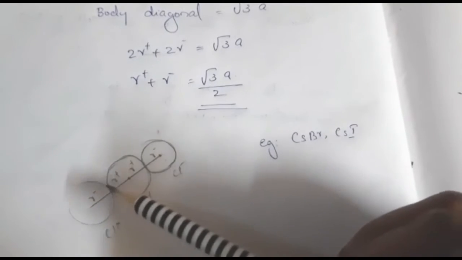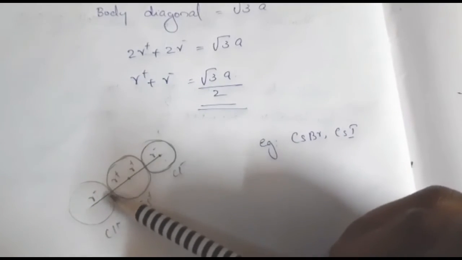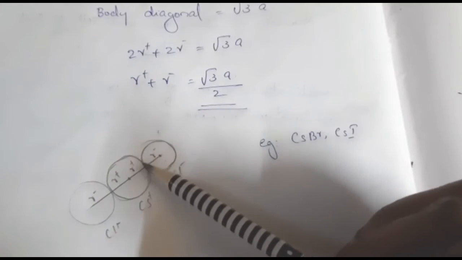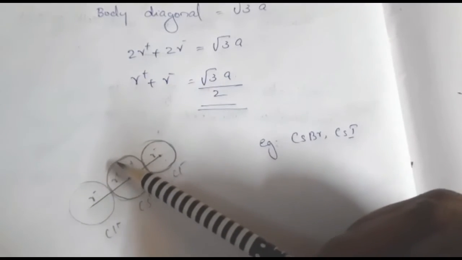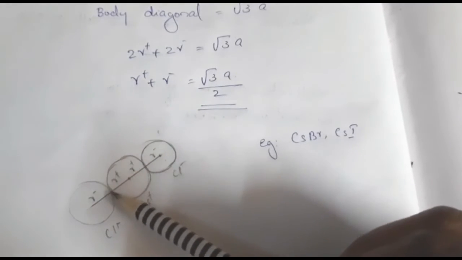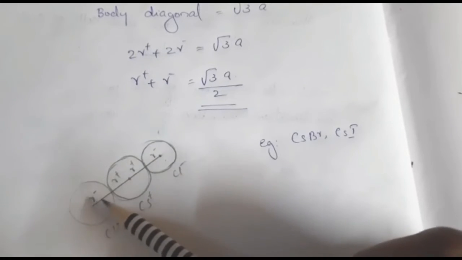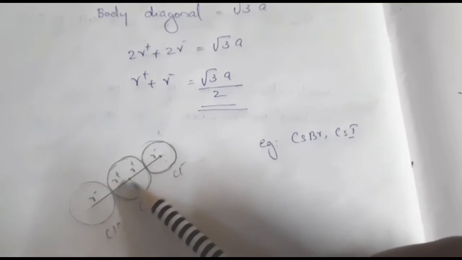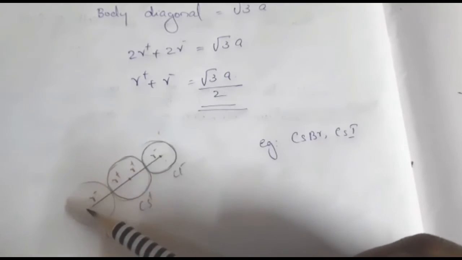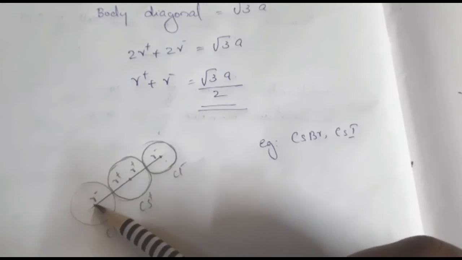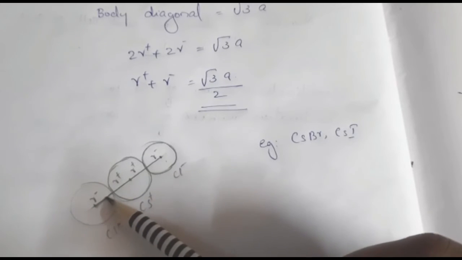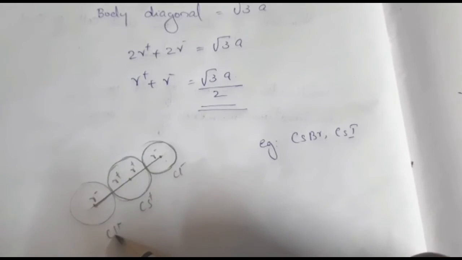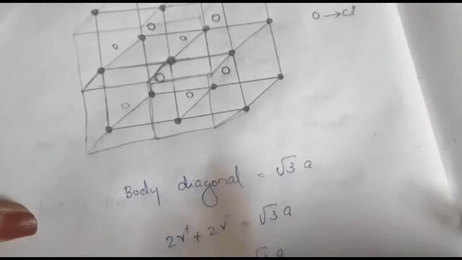In the body diagonal we know here one corner chloride ion is there, here one chloride ion is there, and the cesium ion is in the body center. So in the body diagonal, here chloride ion, this part also chloride ion, and here one cesium ion is there. Half of the radius of Cl minus is there in the corner.